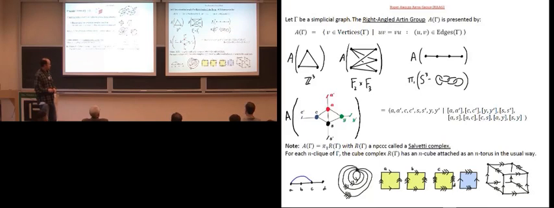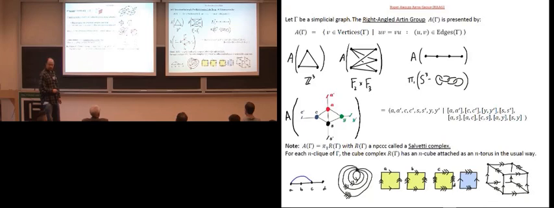If you think about what the data is for the presentation, I said, a bunch of generators and a bunch of relators. There's a so-called standard 2 complex of that presentation. It has a single 0 cell. It has a 1 cell for each generator. Here's the 0 cell, and there's a 1 cell for each generator.